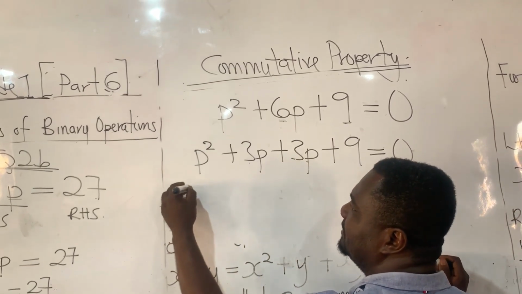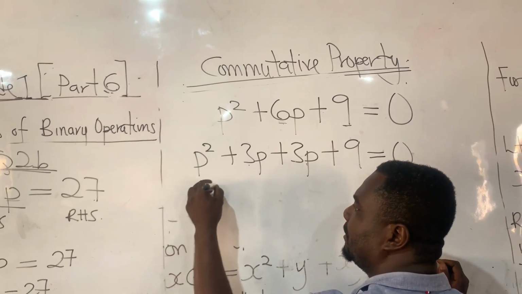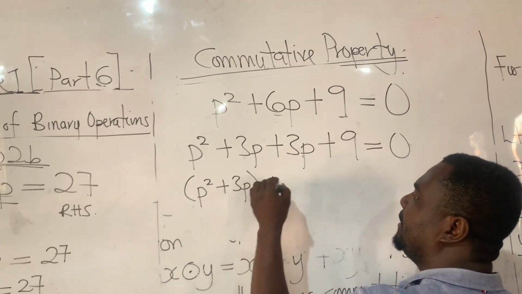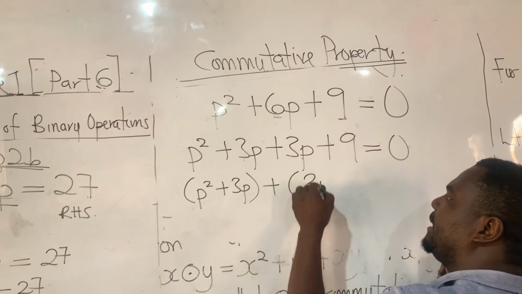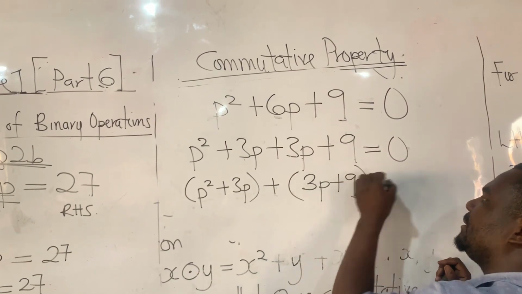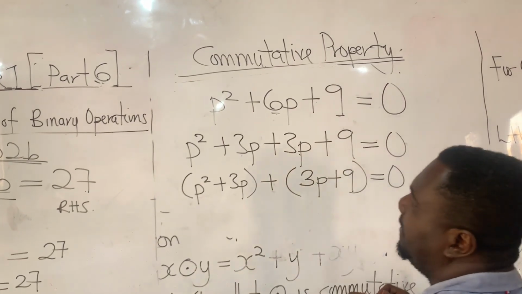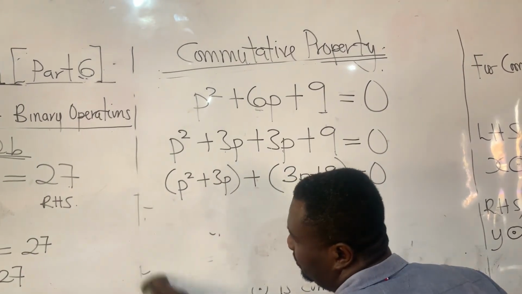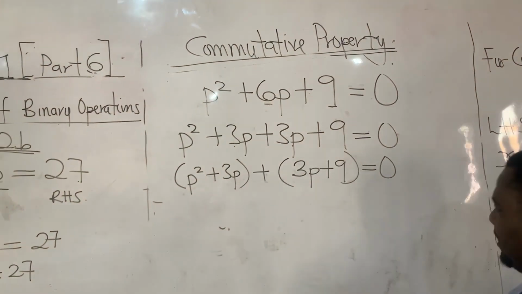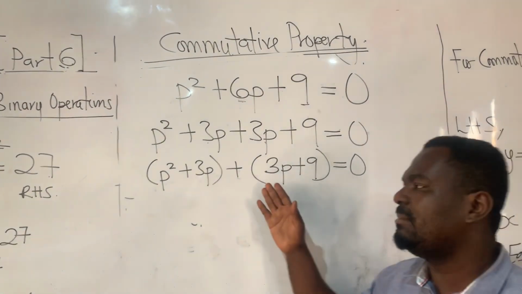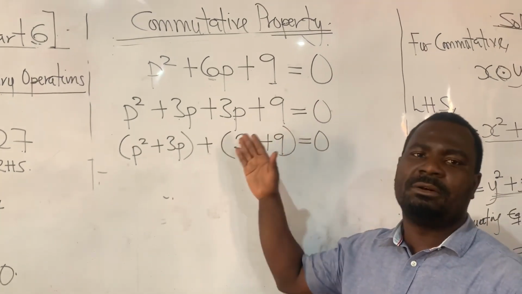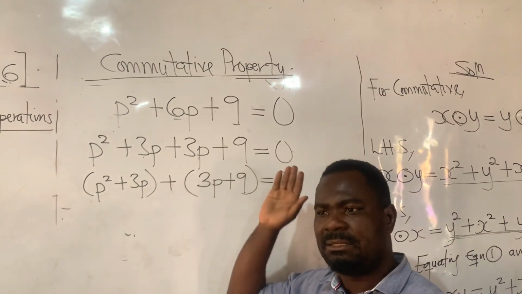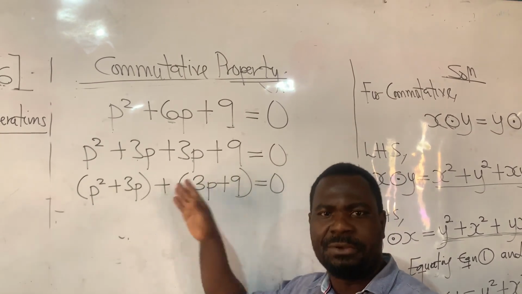Then you factorize. Plus another 3p plus 9 equal to 0. You know how to solve factorization? You should know better. If you don't know how to solve by the factorization method, I have more videos on quadratic equation. Go and watch those videos.